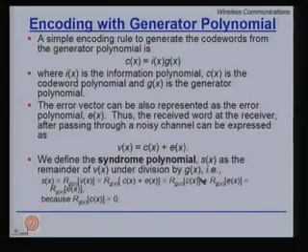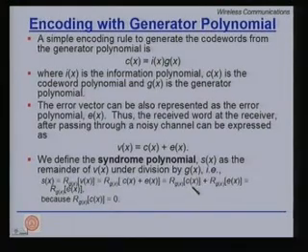But c(x) divided by g(x) should give remainder 0 by definition, because c(x) is g(x) times i(x). So, what you get is the remainder of e(x) when you divide it by g(x). Thankfully, the syndrome depends only on the error polynomial, as it should, and has nothing to do with the code word polynomial.